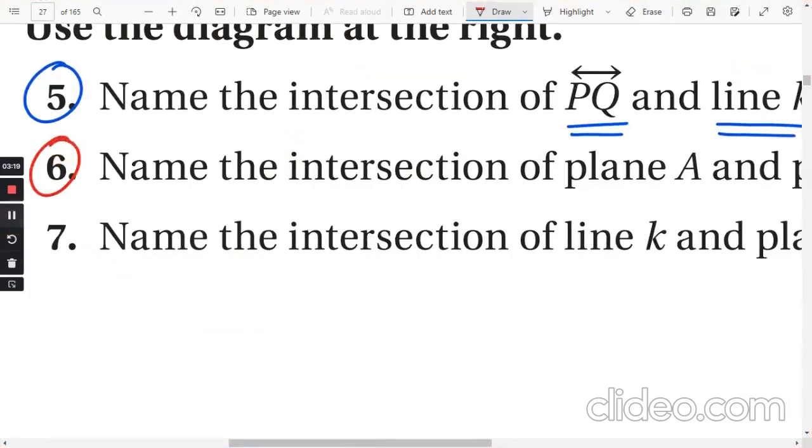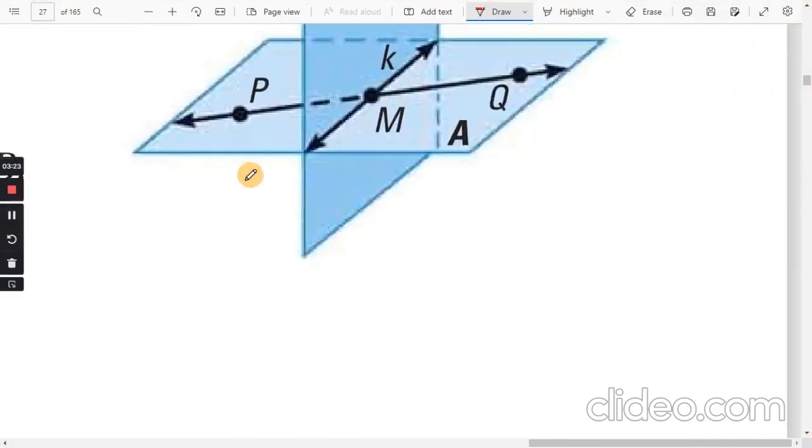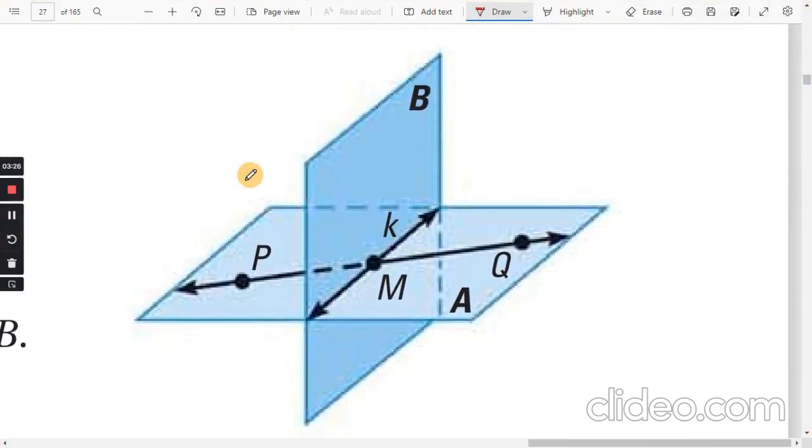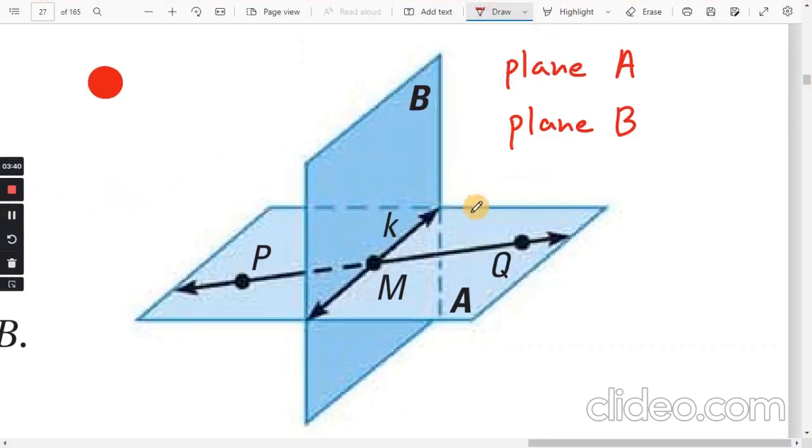Number 6, name the intersection of plane A and plane B. Let's take a look. Okay, see if you can figure that out for plane A and plane B. All right, remember when 2 planes intersect, they intersect at a line. Okay, so plane A is this one going left, right. Plane B is going up and down.